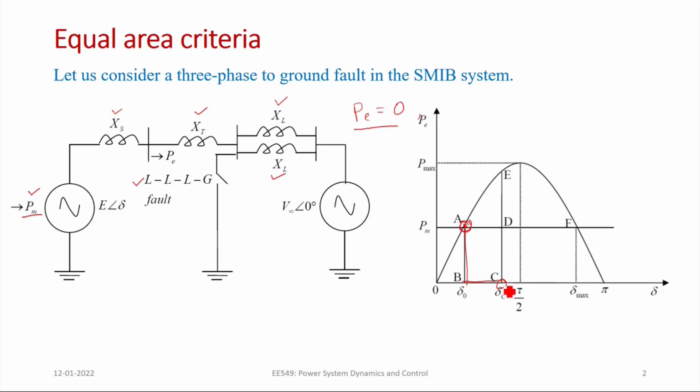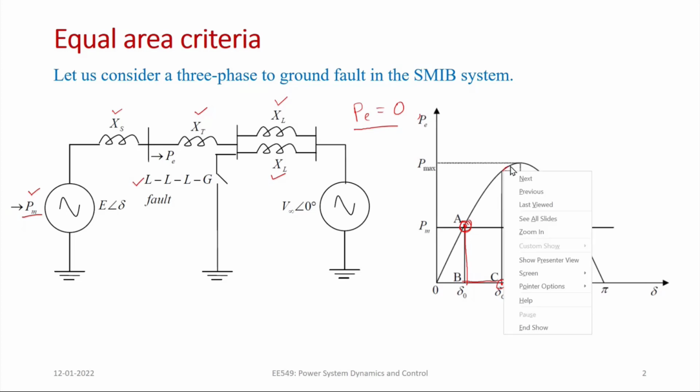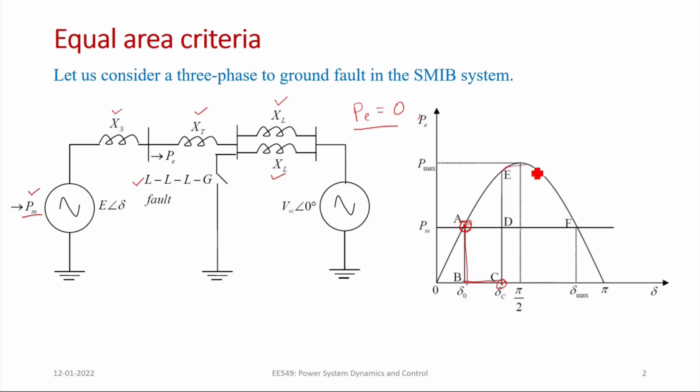In order to find this critical clearing angle, we need to assume that the rotor moves up to delta max, which is your unstable equilibrium point F. Then, based on the equal area criterion, if we equate these two areas, let us say this is A1, this is A2, we'll find the critical clearing angle, right?